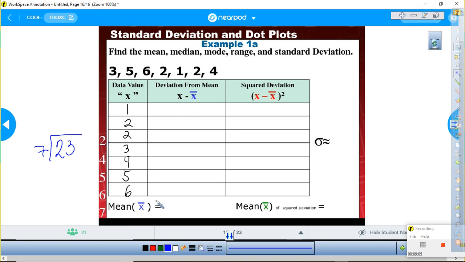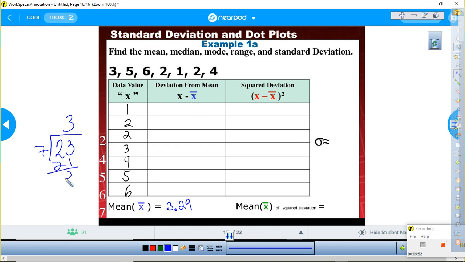Chris, what'd you get? I have 3.29. Hands, if you got that? Only one. Let's see. 7 times 3, that's 21.